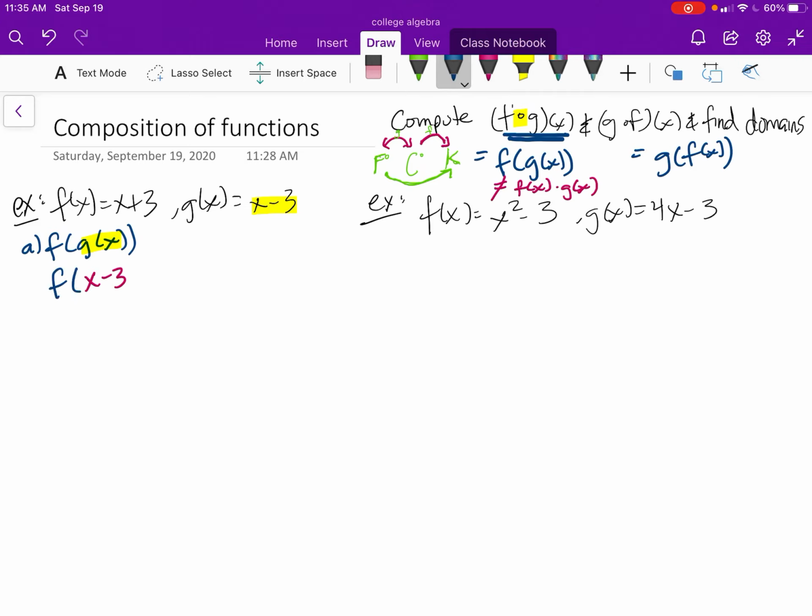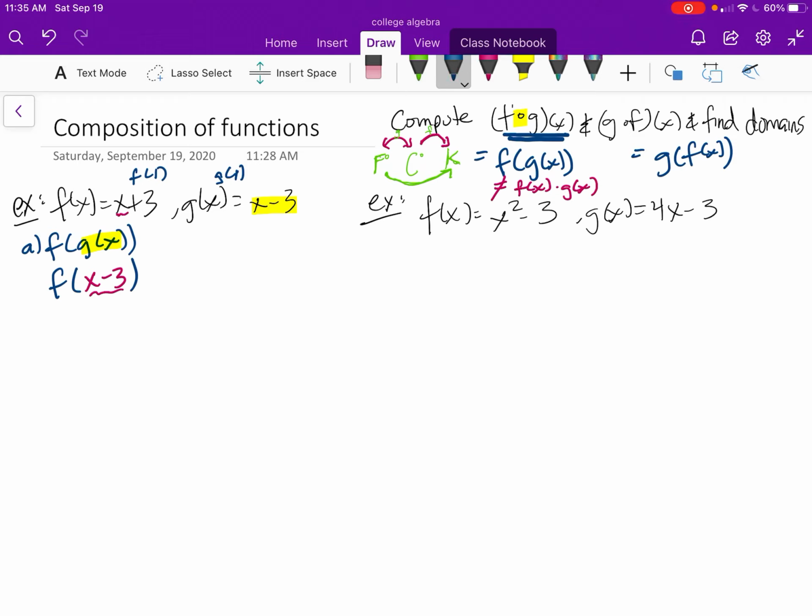But now it says to do f of that. Well, if I said f of 1, that simply means substitute 1 in for x in f. Or if I said g of 1, substitute 1 in for the x in the g function. So now I'm looking at f of x minus 3. So I'm going to take this and plug it in for the x into the f function.